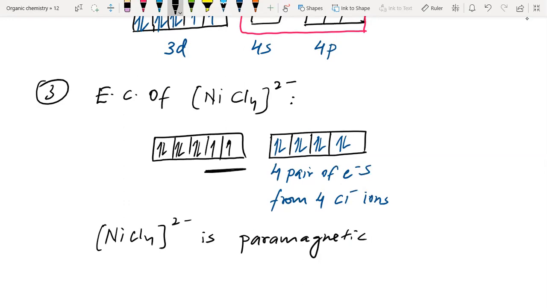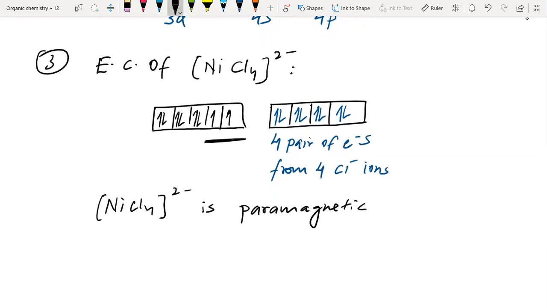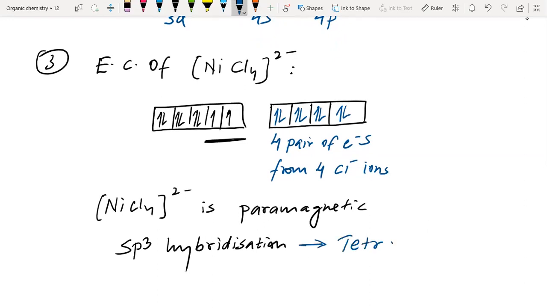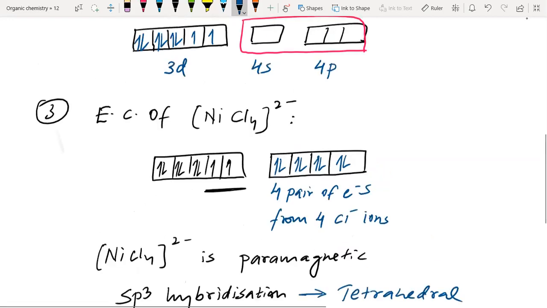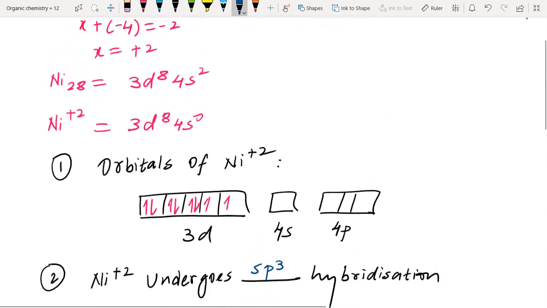Due to unpaired electrons, we can say that this complex is paramagnetic, and as we saw here the hybridization is sp3, that means the geometry is tetrahedral. In this example, the ligand was weak.